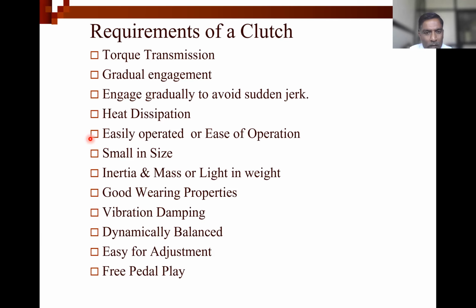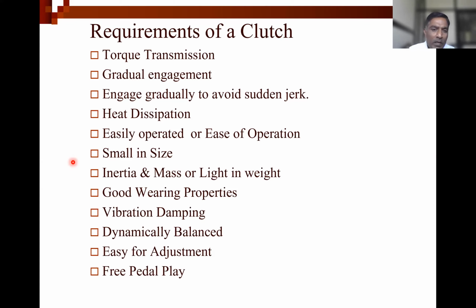Whatever pressure is required to maintain contact between the flywheel and the friction plate should be less, so that whenever disengagement is required, it will require less pressure or less press.